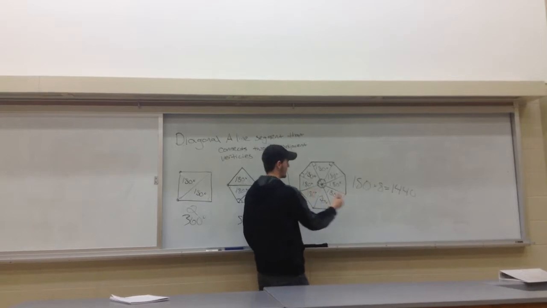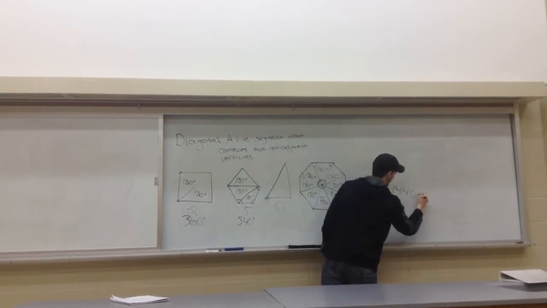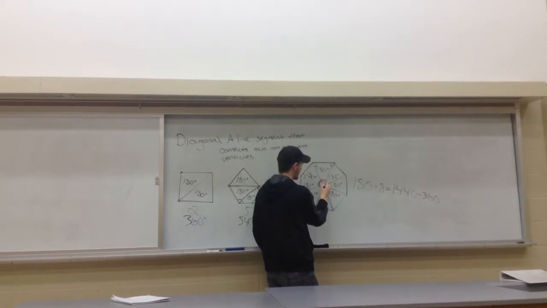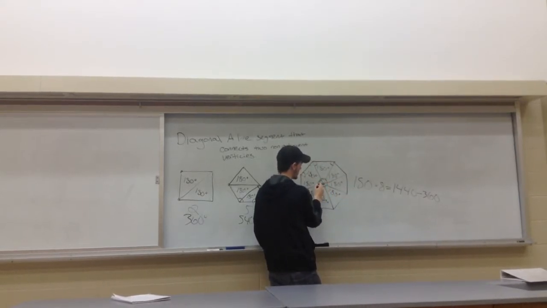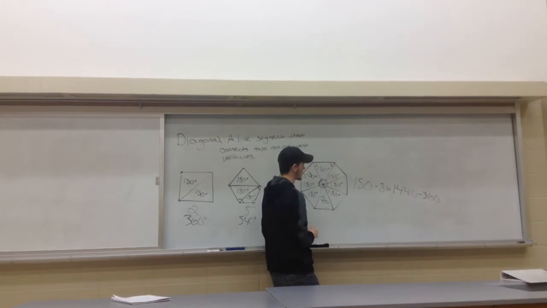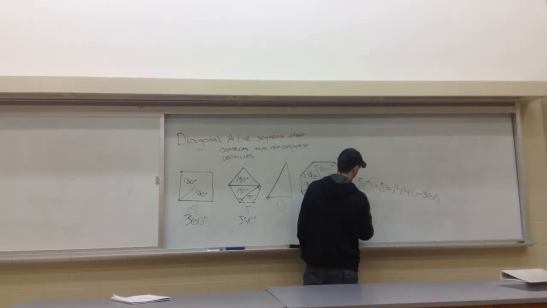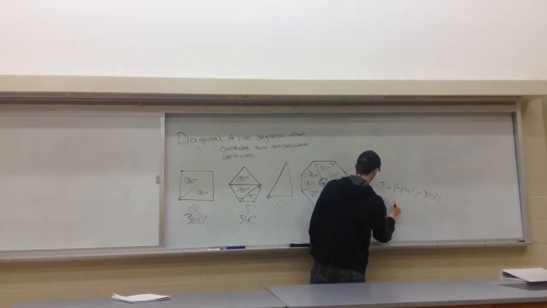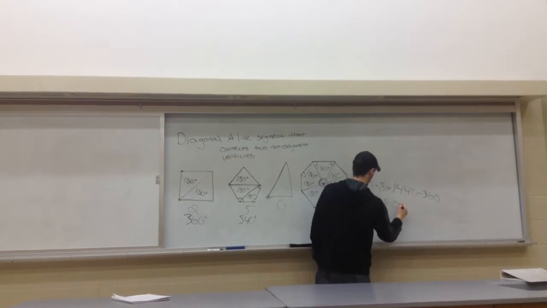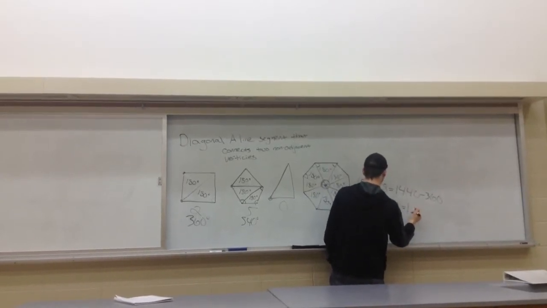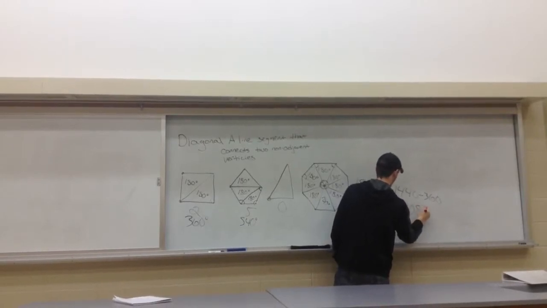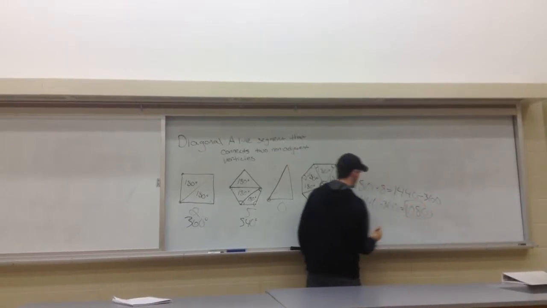So for this answer, we have to subtract that 360 degrees because each of these angles, which sum up to be 360, aren't included in the total exterior or the total interior angles. So the 1,440 minus the 360 would be 1,080. Yep. So that would be your answer.